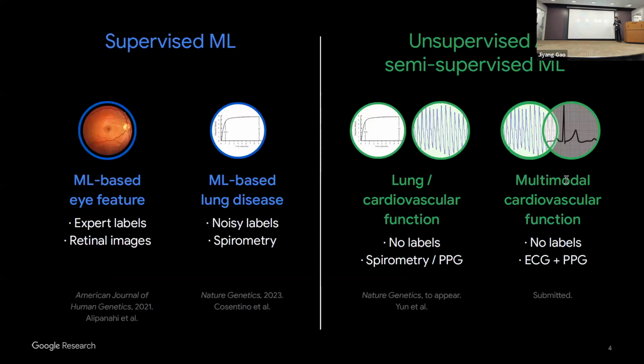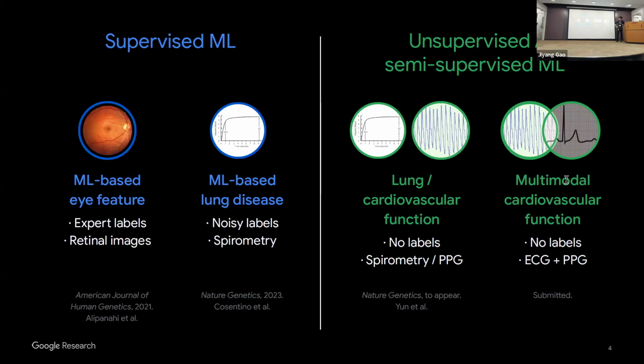My group has been working on GWAS in many different ways using either supervised or unsupervised machine learning, which are two different types of machine learning if you are familiar with them. We study various types of diseases. The first one is about eye features, where we generated more accurate eye features using machine learning, and then performed a better GWAS based on that.